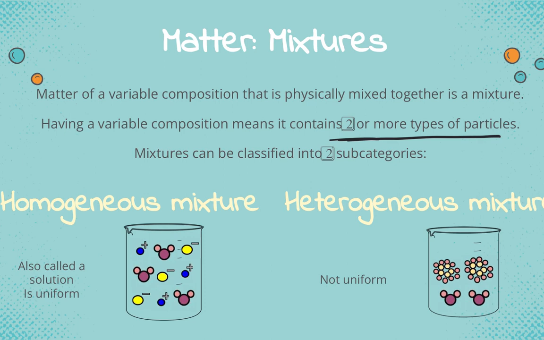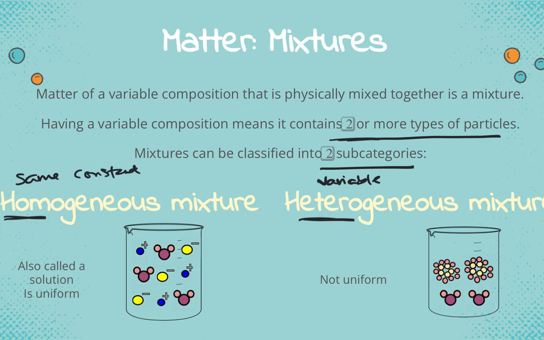Do not confuse those. And they can be classified into two subcategories, a homogeneous mixture and a heterogeneous mixture. So remember your prefixes, meaning same or constant, and then variable.